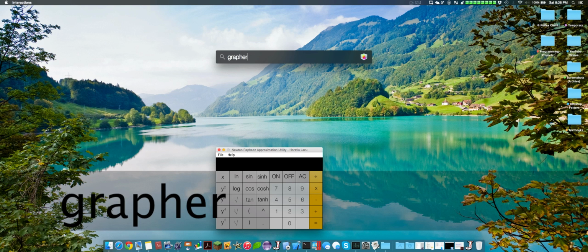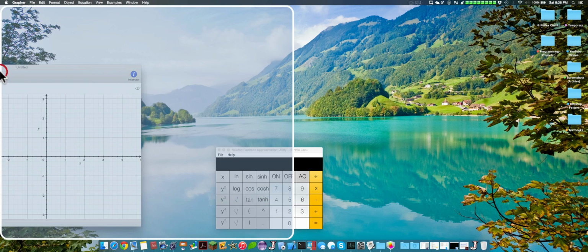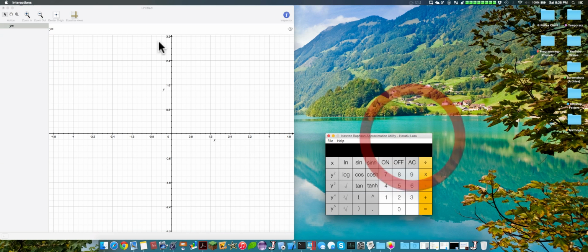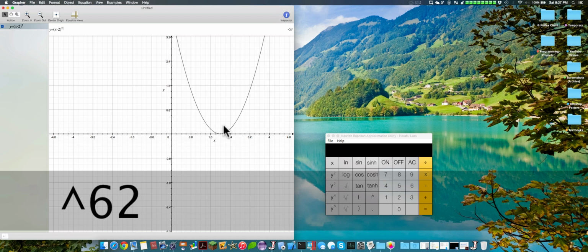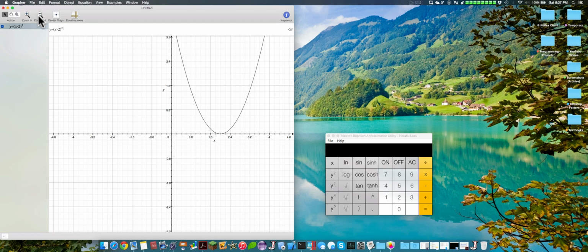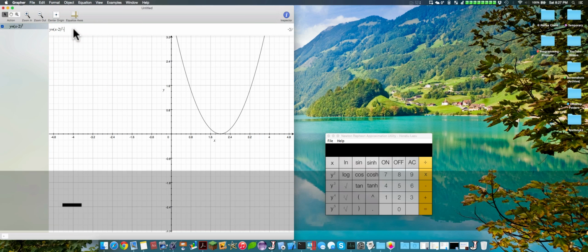So if we take out a grapher, which we will be using for this, and take, for example, x minus 2 squared, you will get a root at approximately 2 and minus 1.